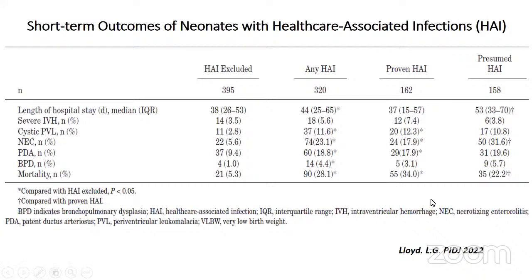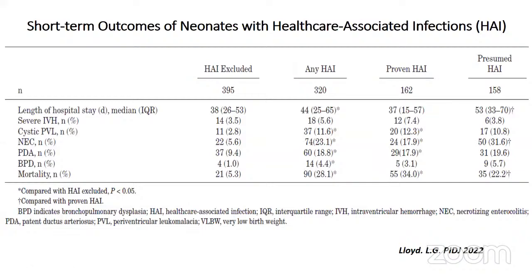If you look at the second column, where you've excluded hospital-acquired infection, and you look at these morbidities and mortalities, you can see, comparing the patient who does not have infection and the one who has infection, that 28% of these patients died compared to 5% of those who did not have infection. And for conditions like cystic PVL, with poor long-term neurological outcomes, 11.6% of those with hospital-acquired infection had PVL as compared to 2.8%.